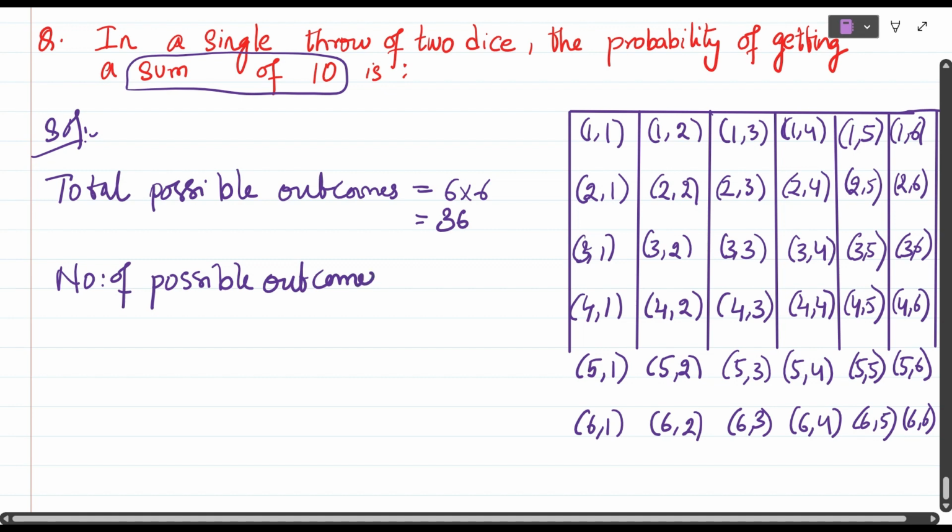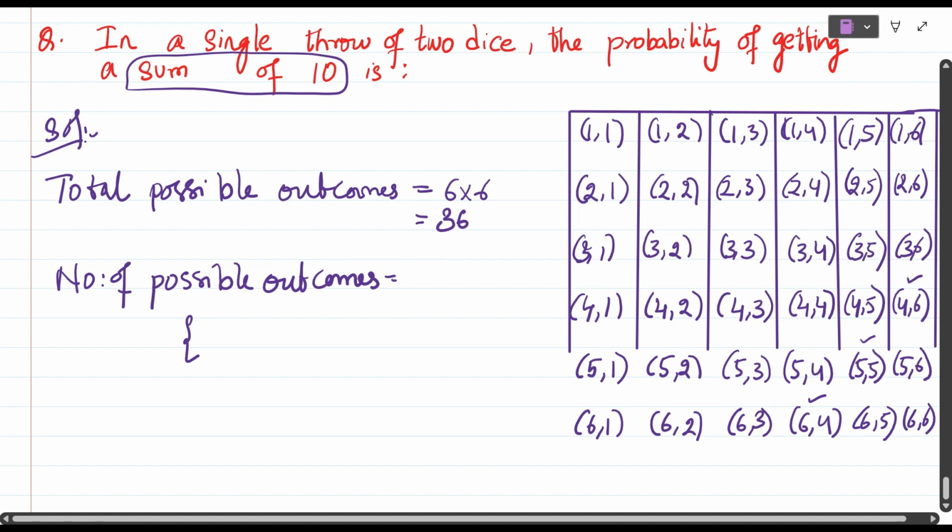So what are the possible outcomes to get a sum of 10? For the first row, not there; second row, no; third row, no; fifth row, yes, 5 comma 5 gives 10. 4 comma 6 gives 10, and 6 comma 4 gives 10.